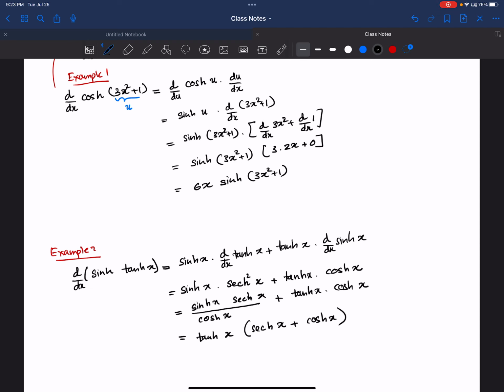Going back to some more examples, we can look at some more.